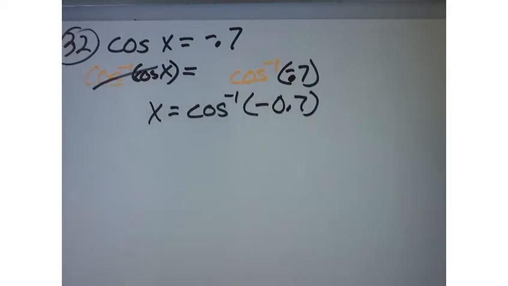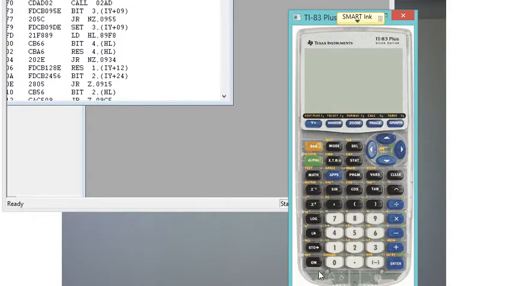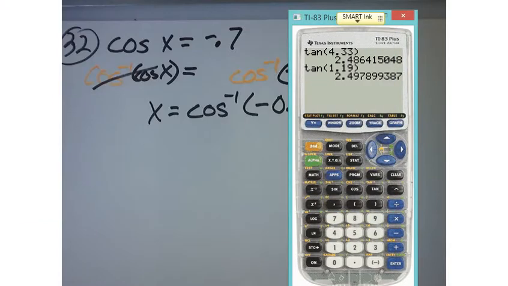And so I can enter that in my calculator and get a value for that right off, rather quickly. So if I hit arc cosine of negative 0.7, sorry, it's negative.